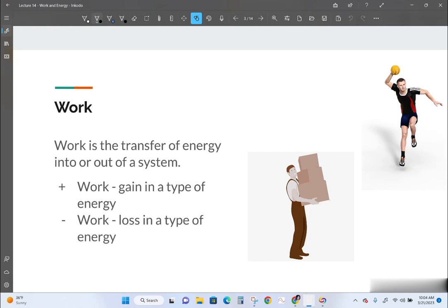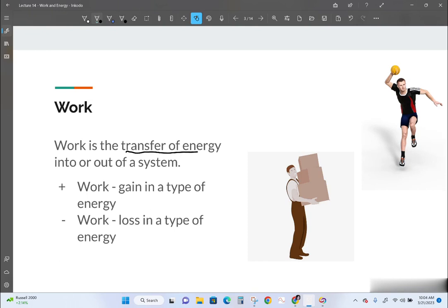And by the simple motion of you applying a force to it through a distance and then letting go of it, you gave it kinetic energy. But here's the kicker. That kinetic energy did not come from nowhere. It came from some other place. You turned some type of energy into a new type of energy. You did work on that ball. And by definition, work is the transfer of energy into or out of a system.